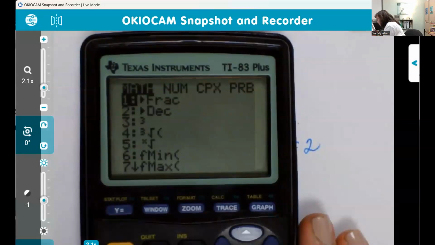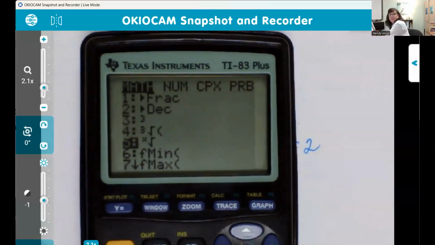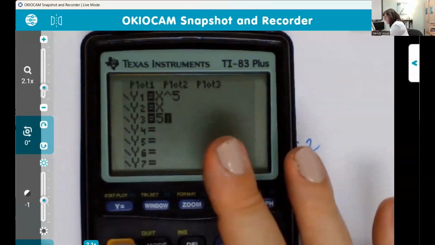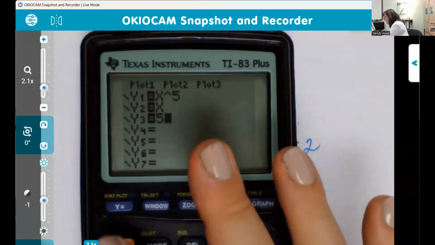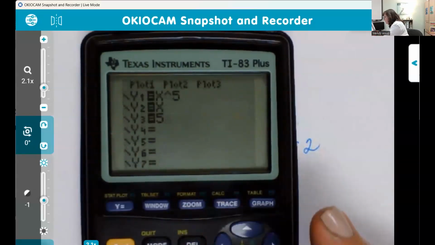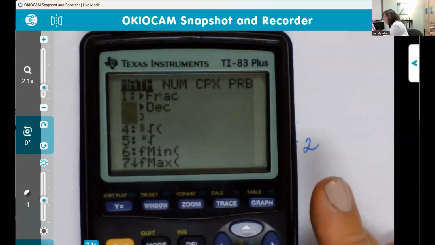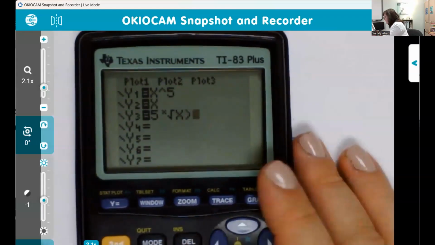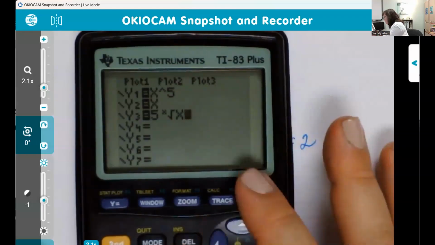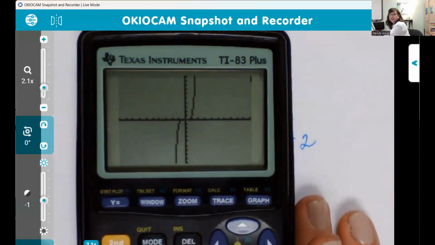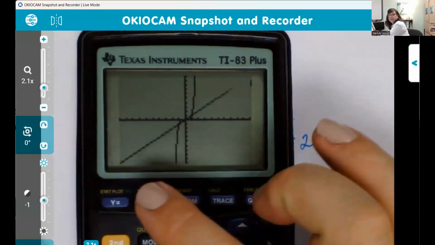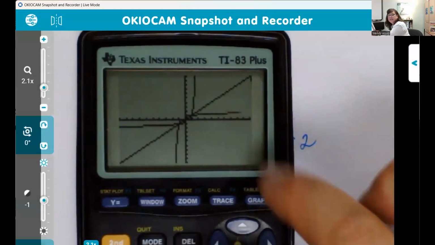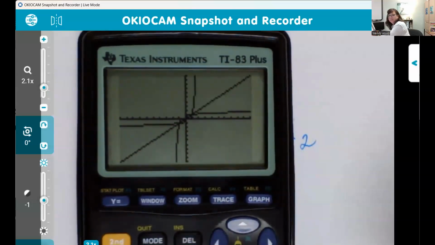Under Math, see right there, number 5, the x root. I need to put in 5, then the x root of x. Let's see if this works. There's x to the fifth. We're going to reflect it across the line y equals x, and here is the fifth root of x, and you do see that those are inverses of each other.